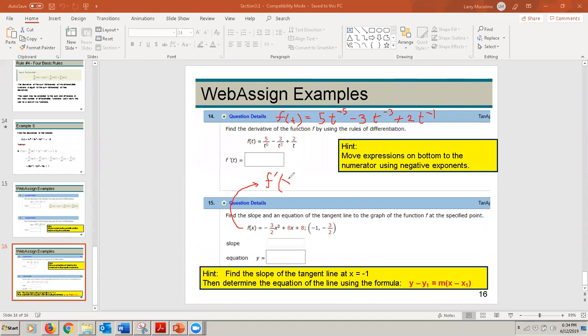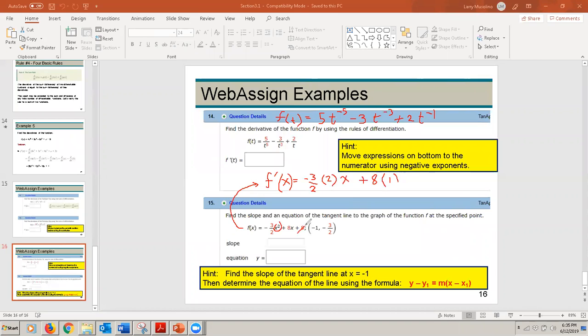So I'm going to write here f prime of x equals, all right, negative 3/2 is a constant, so I'm just copying that down. I'm bringing the 2 down. Remember, I'm taking the derivative now, x squared, and that leaves me an x plus 8 times the derivative of x, but that's just 1.